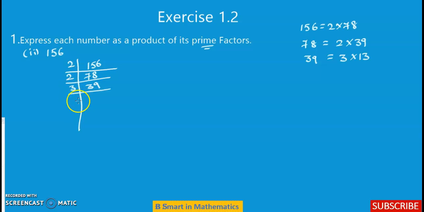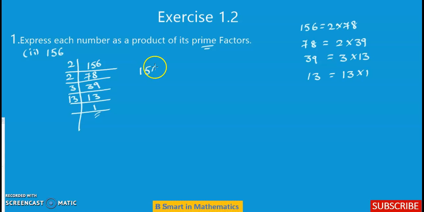So you have to write 3 here. You have to write 13 here. Again 13. Yes, obviously 13 is a prime number. 13 can be written as 13 into 1. So 13 right here, 1 right here. Yes, the procedure is completed. Finally, we got 1 here. So, what are the prime factors involved here? 2, 2, 3, 13.